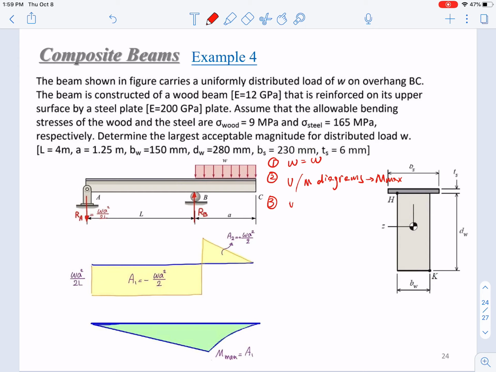Then we determine the Y bar and I, and compare the calculated maximum stress, from maximum moment times C over I, with the allowable stress, to solve an equation. Those are the general steps.